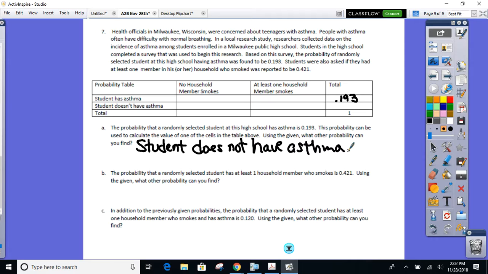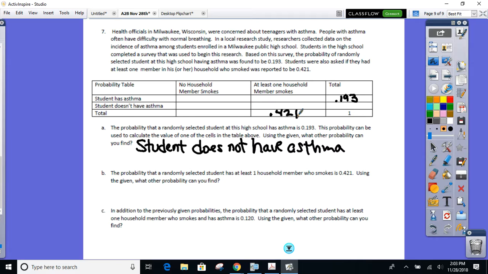All right, ready? Part B. The probability you select a student who has at least one household member who smokes is 0.421. Can you figure out where that 0.421 must go? At least one household member who smokes. Total for at least one, right? So right here, everybody.